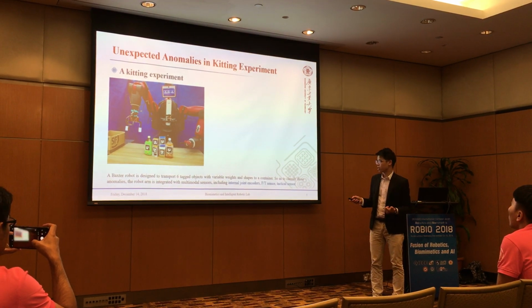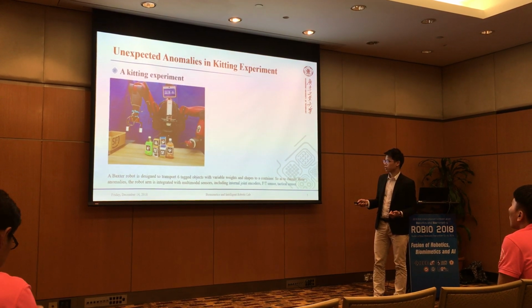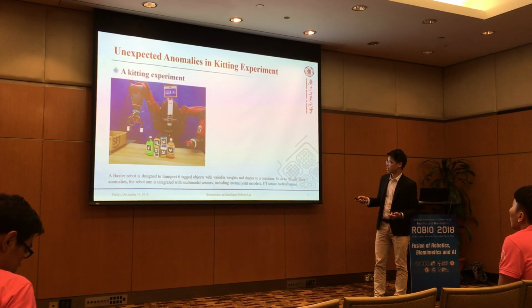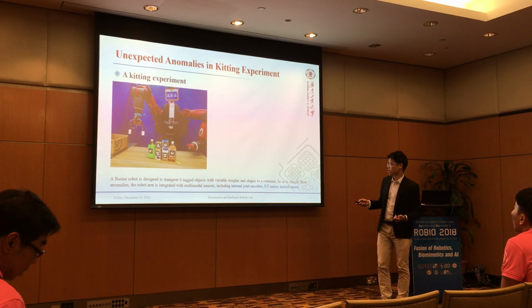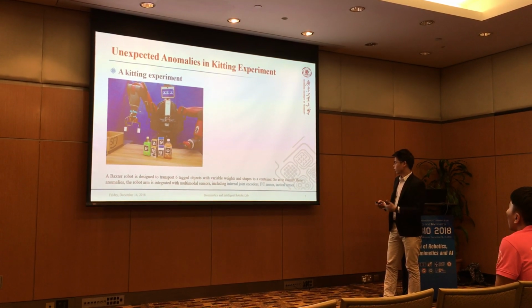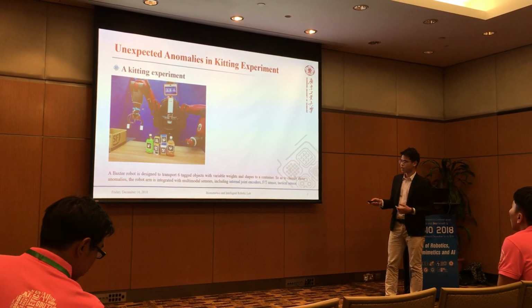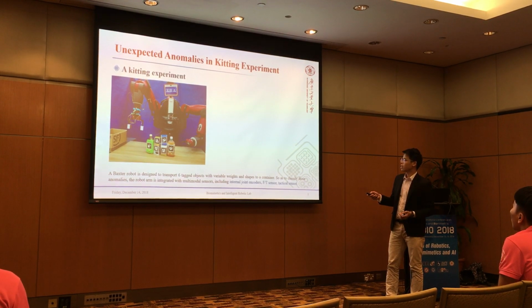Our task is a kitting task where a Baxter robot transports 6 types of objects. Those objects have variable weights and sizes. If we want to classify those anomalies, the robot integrates multiple sensors.